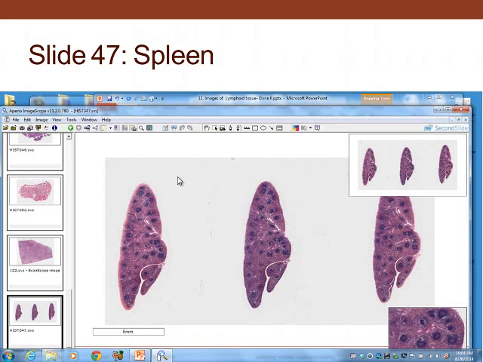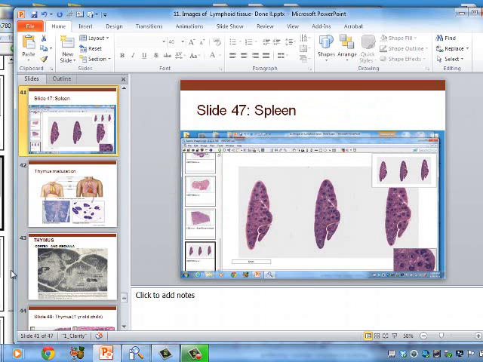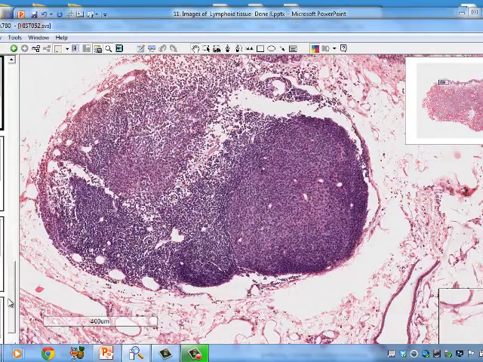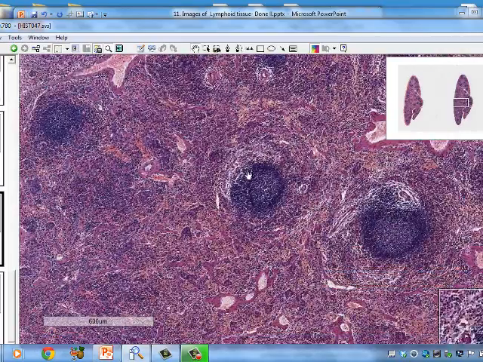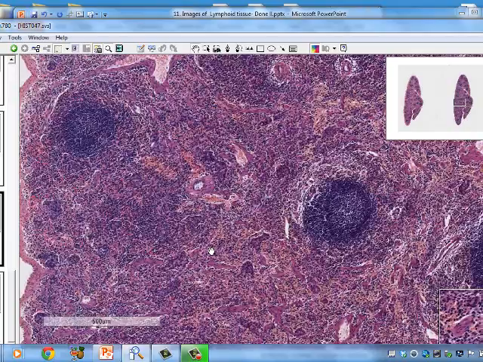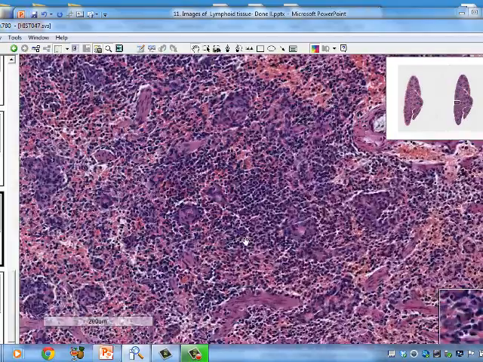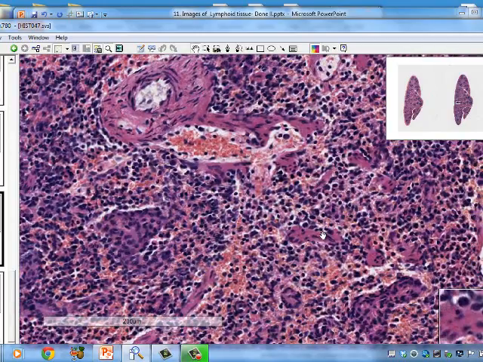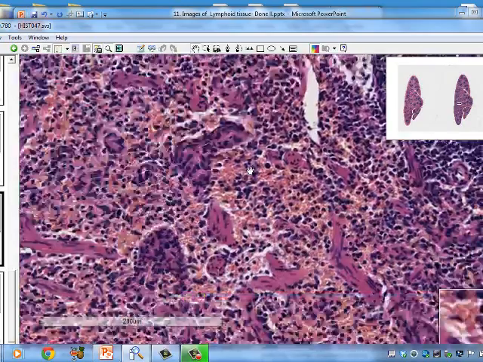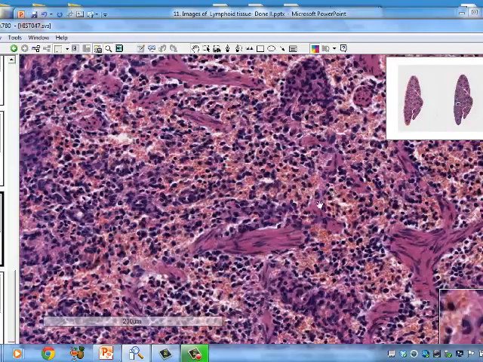If we look at this spleen 47, we are able to look at that, and we see the white pulp and the red pulp and the capsule. All you have is the cords and the blood vessels. You don't have a lymphatic sinus like you do in the lymph node.